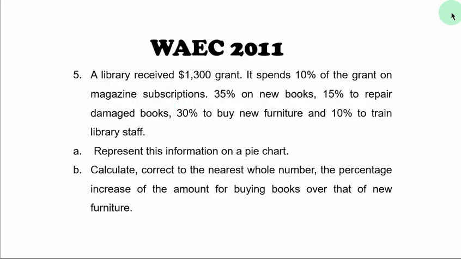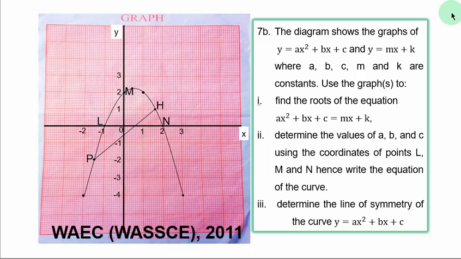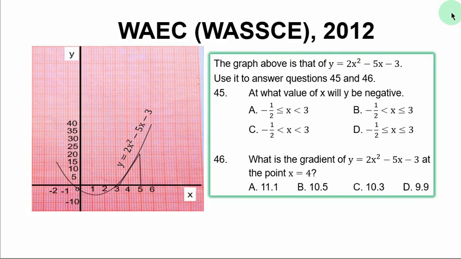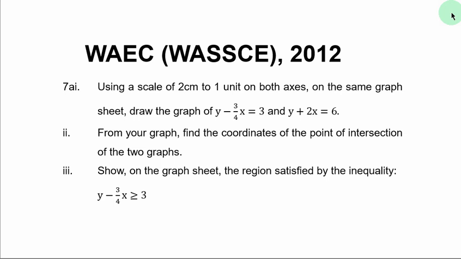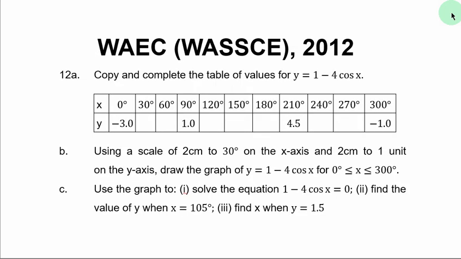The same year, you have statistics graph in the theory session. 2011, you have quadratic and linear graph together. 2012, you have quadratic graph in the objective session. 2012 again, you have linear equation graph, that is simultaneous linear equations graph. The same year, trig graph is also there in the theory session.